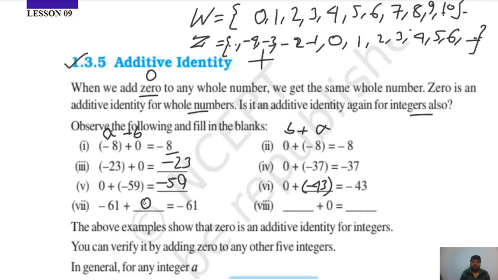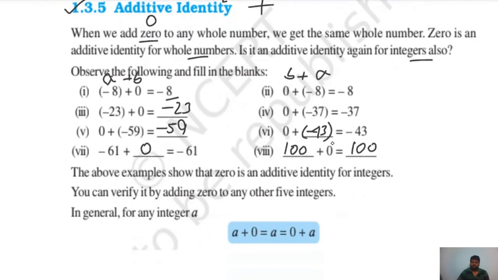It is 0. If we add any other number, for example 100, a positive number, we get a different result. So all the examples, negative or positive, show that 0 is the additive identity of integers also.